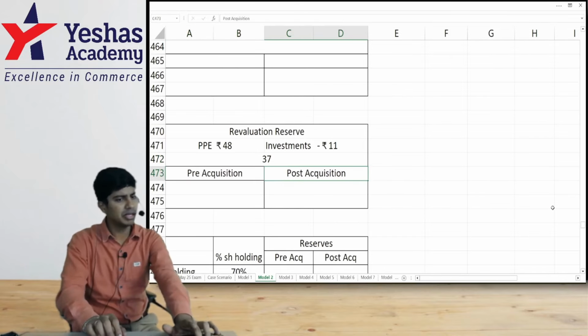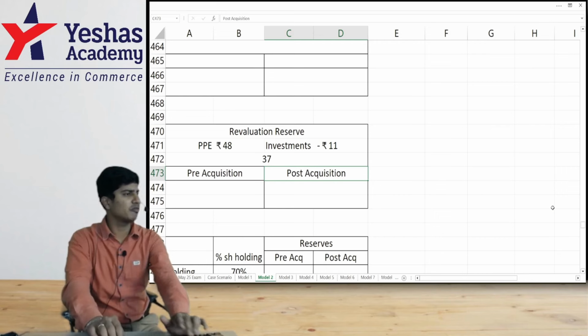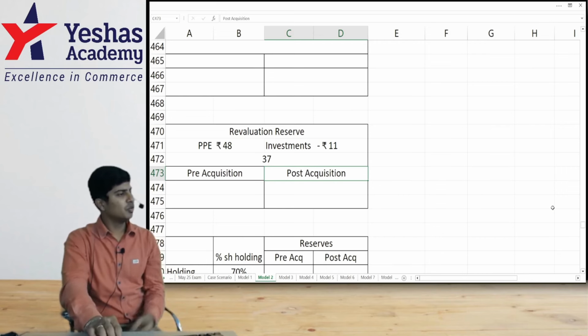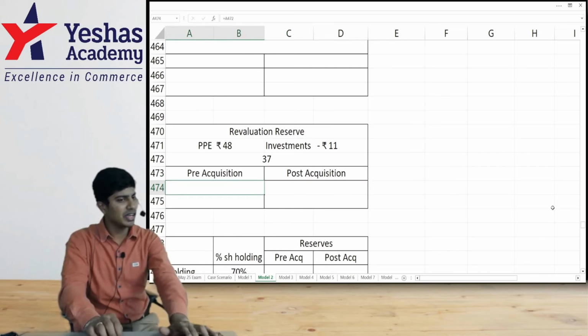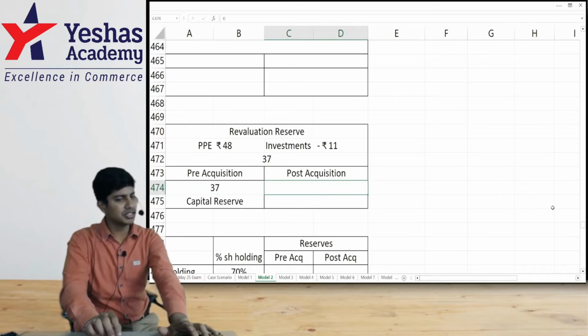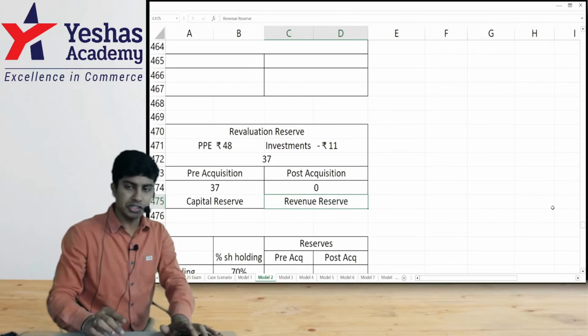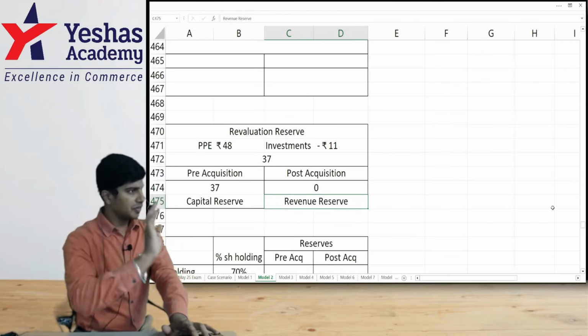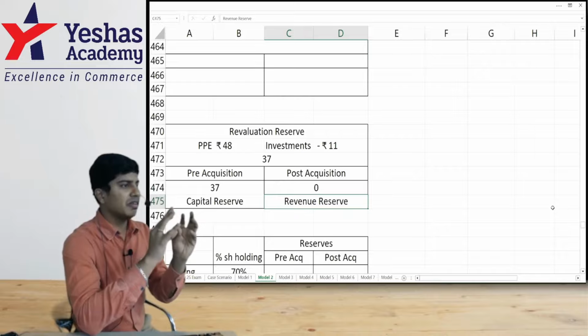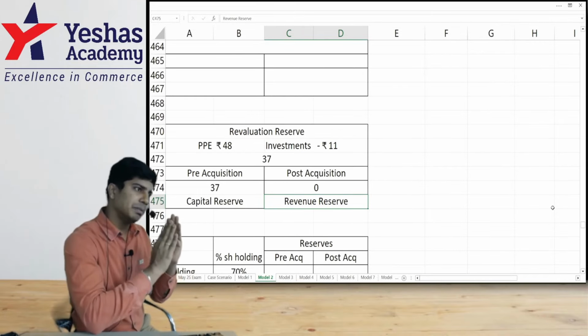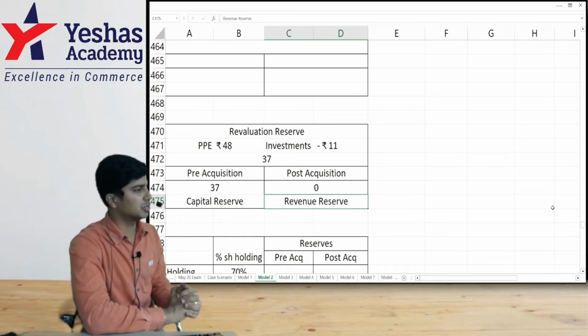You tell me, what is the basis of bifurcation? We know for sure that revaluation reserve is always pre. On this revaluation reserve, if we do any depreciation after revaluation, that will always be post. Everyone's clear with this? So with regard to revaluation reserve, no confusion. It's always completely pre-acquisition reserve only.